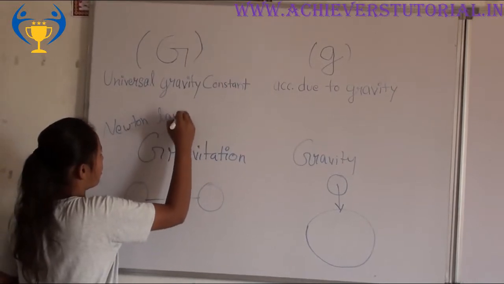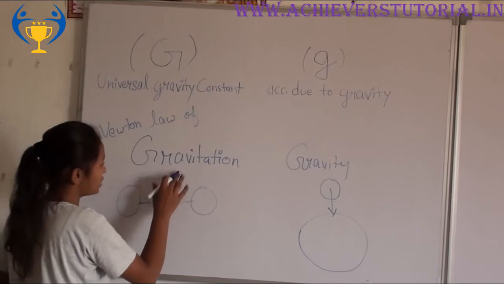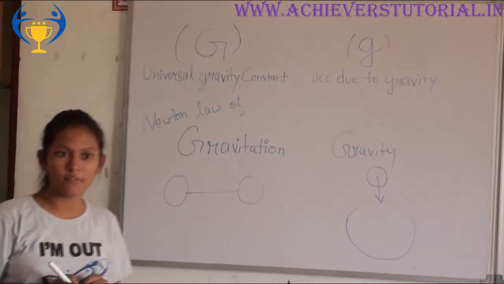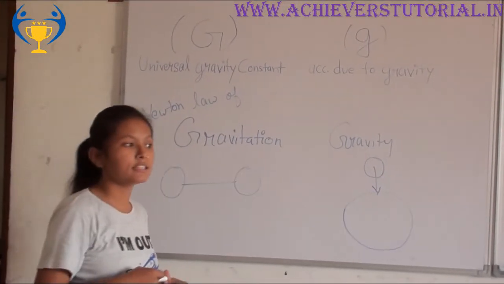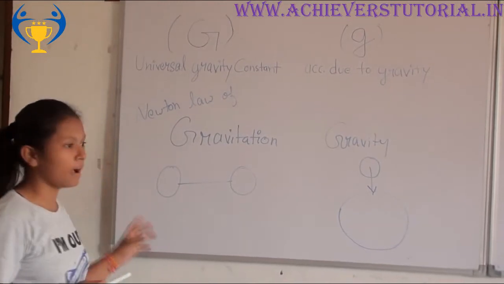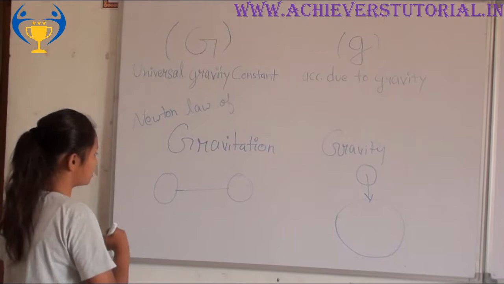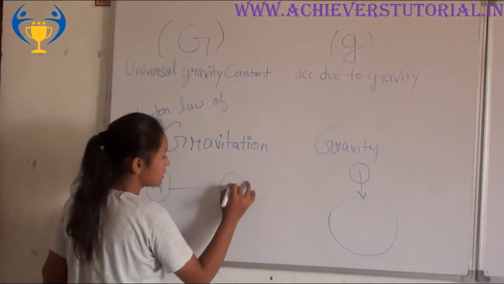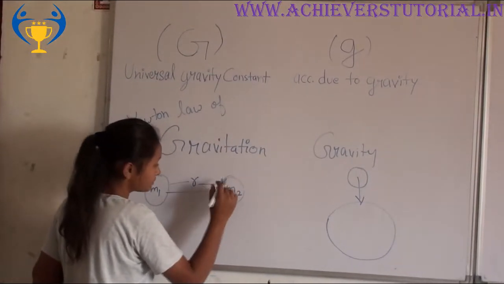Newton's law of gravitation states that in the universe, every body attracts every other body, and the force by which they are attracted toward each other is directly proportional to the product of their masses and inversely proportional to the square of the distance. Let's suppose there are two objects, the first with mass m1 and the second with mass m2, separated by a distance r.